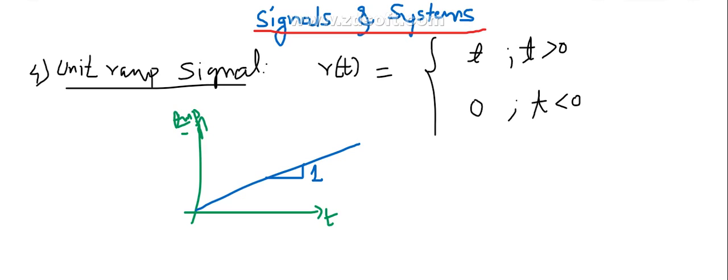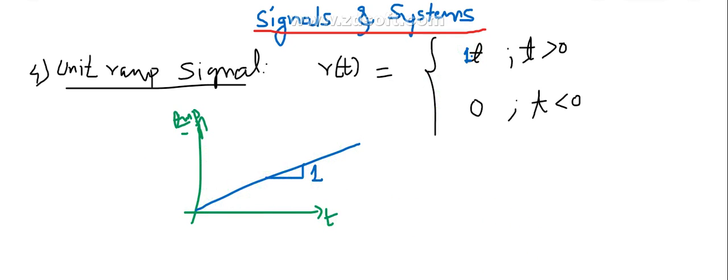Slope 1 means that if nothing is written with t, then there is a 1 multiplied, which means the slope of this signal is 1.